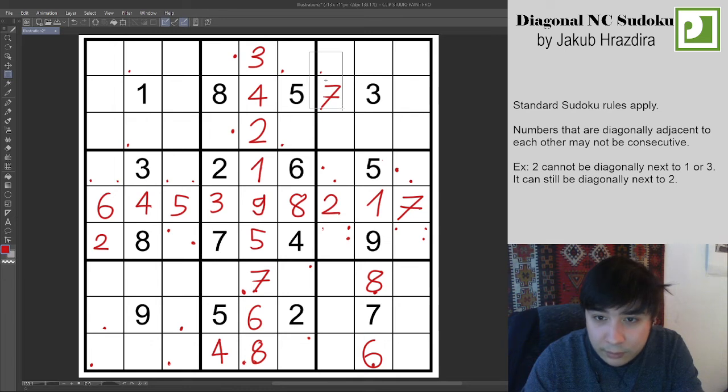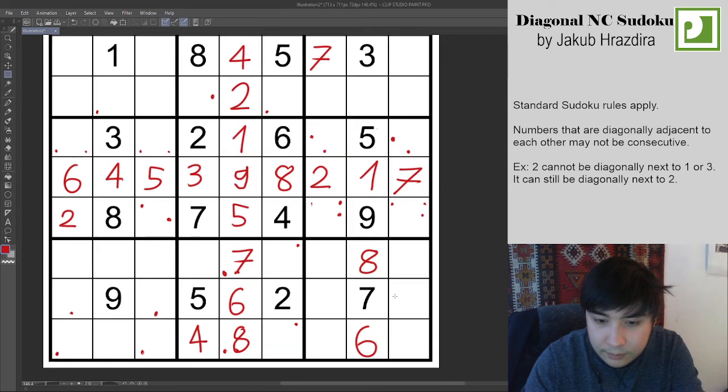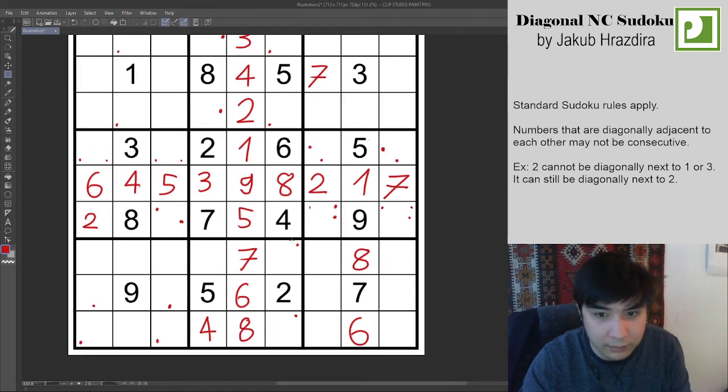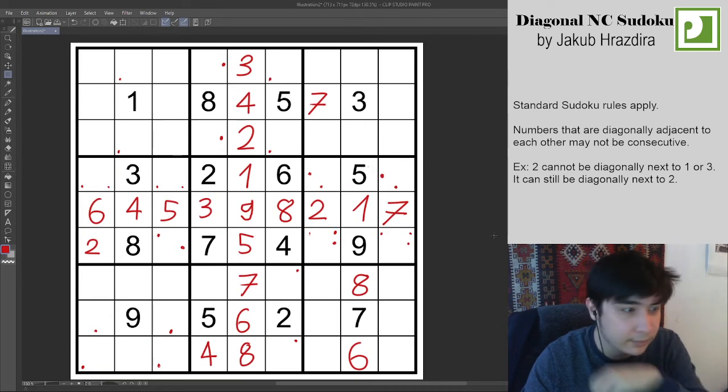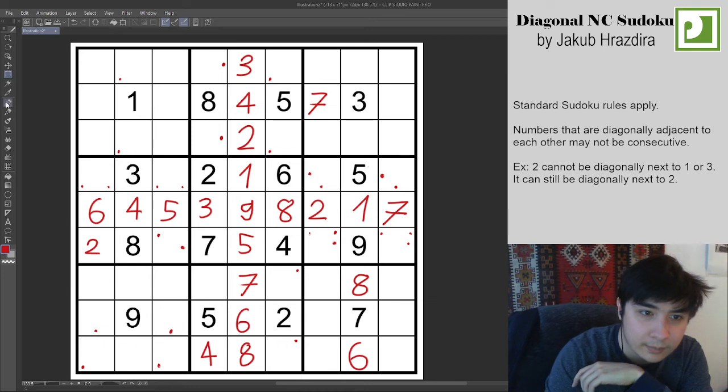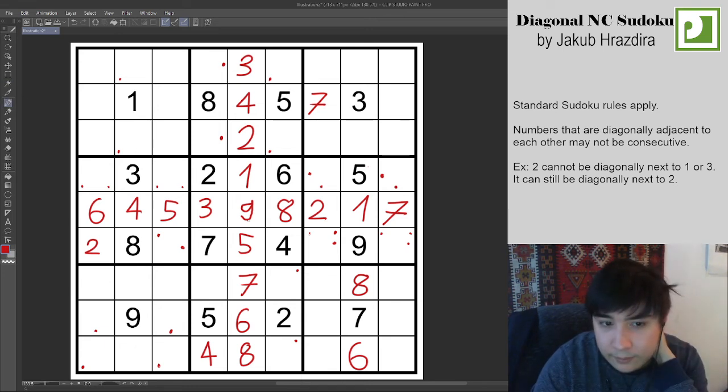Where else do I have marks that need deleting? Yeah, just clean stuff up a bit. That we get a 1 here.